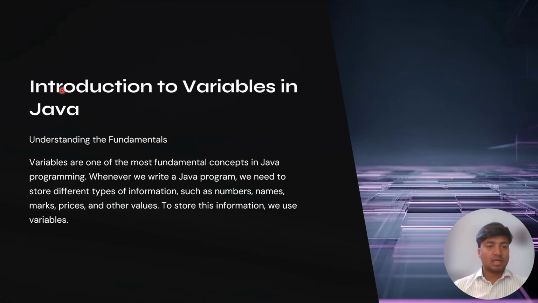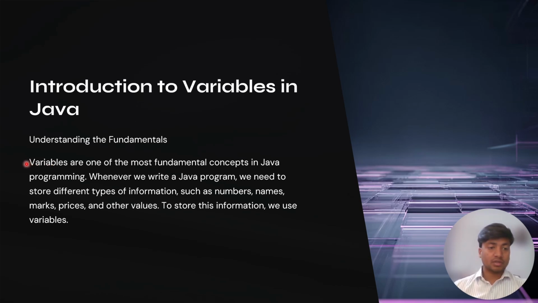In this slide, we will learn about the introduction to variables in Java. First, let me give a quick review about variables in Java. Before understanding the types of variables, we first need to understand why variables are required in Java.